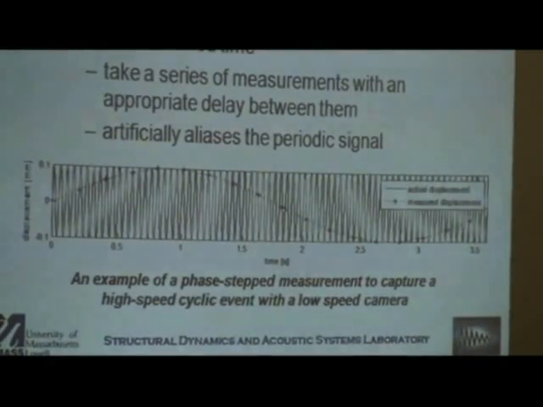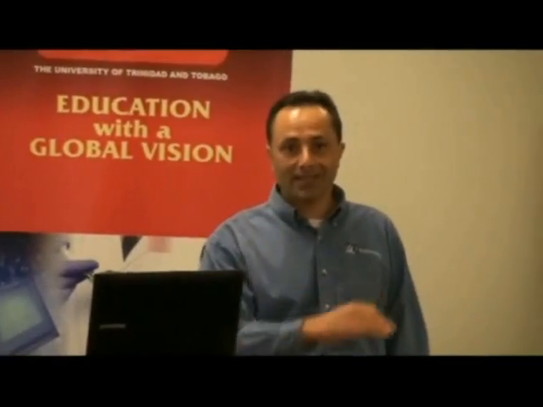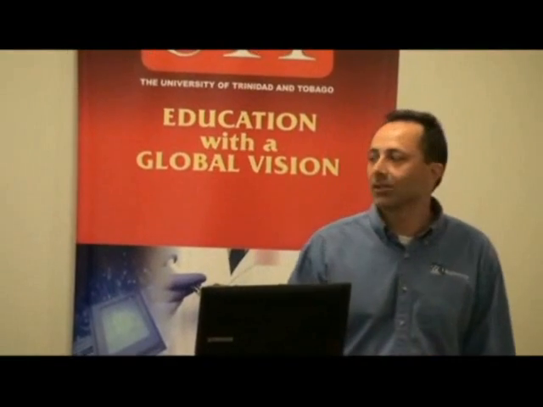My cameras can't sample that fast, and I have to sample at least twice that frequency to get a proper measurement. So how can we do this? If we know that the signal is periodic, then we can sample and provide a small phase shift in the signal, sample again, and then reconstruct the signal. So one of the things we did was explore this technique using low-speed cameras to measure a high-speed event.